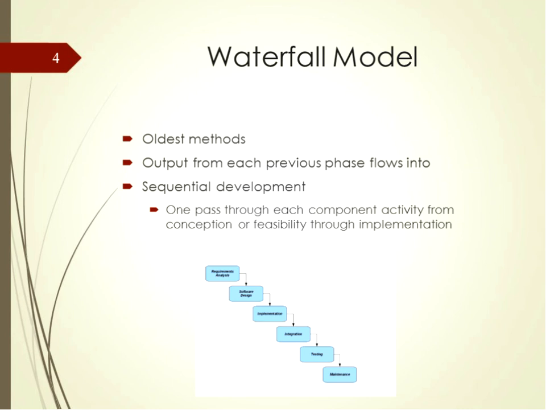The waterfall method is one of the oldest methods and literally depicts a waterfall effect. That is, the output from each previous phase flows into or becomes the initial input for the next phase. This model is a sequential development process in that there is one pass through each component activity from conception or feasibility through implementation in a linear order.